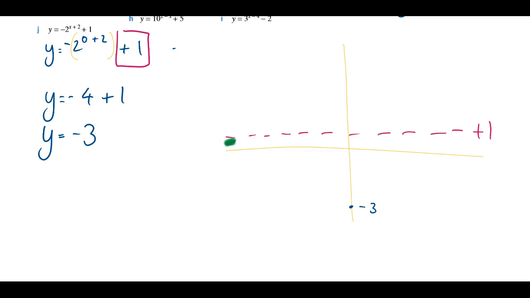Then as it gets bigger, it heads to a massive negative that you're just adding 1 to, so it goes like that.